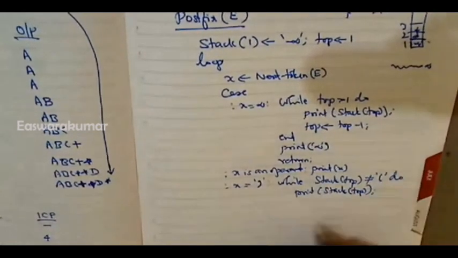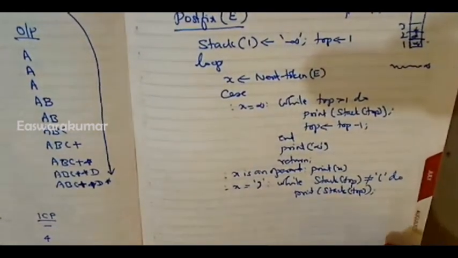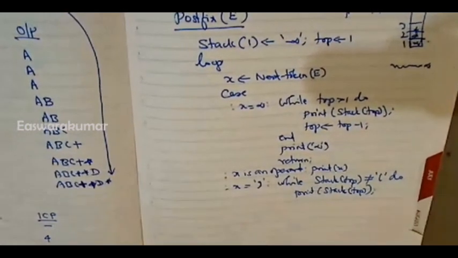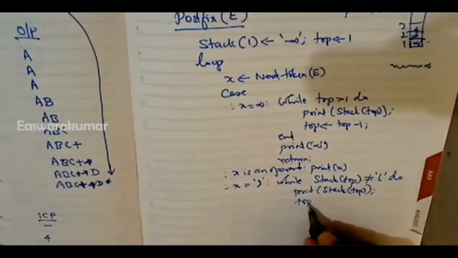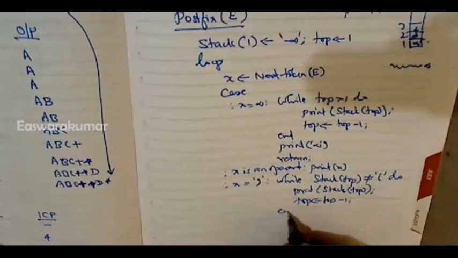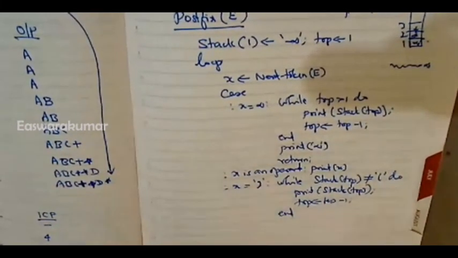Then after that, you have to move the pointer down, so top is equal to top minus 1. Then end, so the while loop ends.